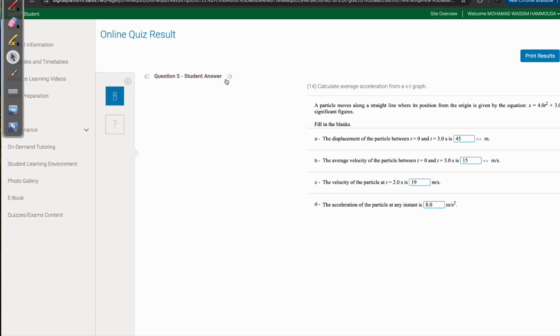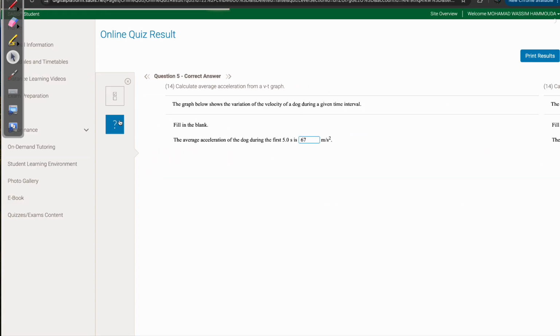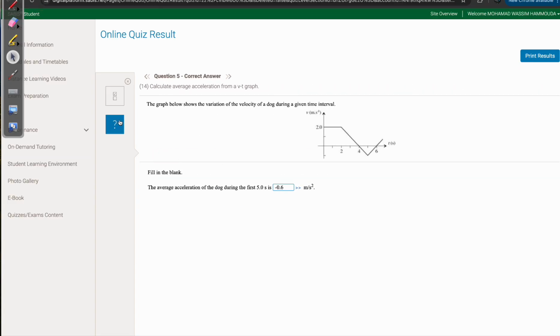Number 5. The graph below shows the variation of the velocity of a dog during a given time interval. For this one, we already know that the acceleration is delta v over delta t, the time elapsed.